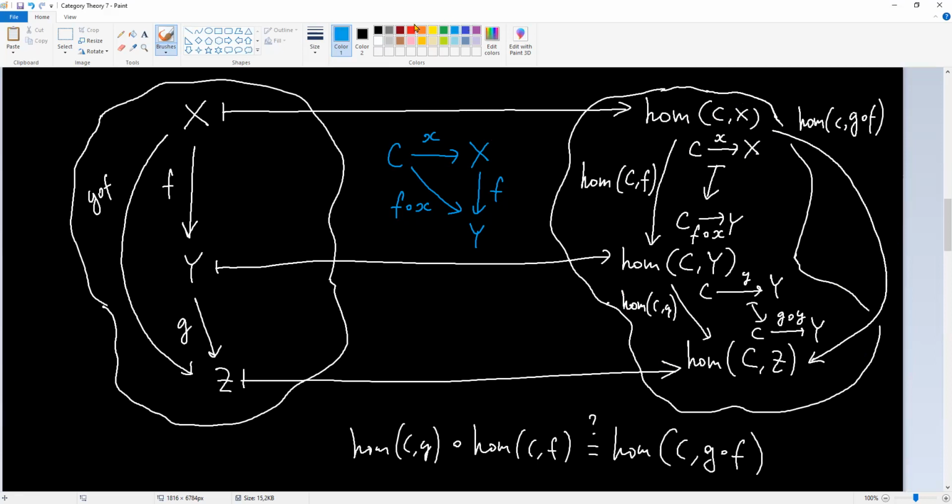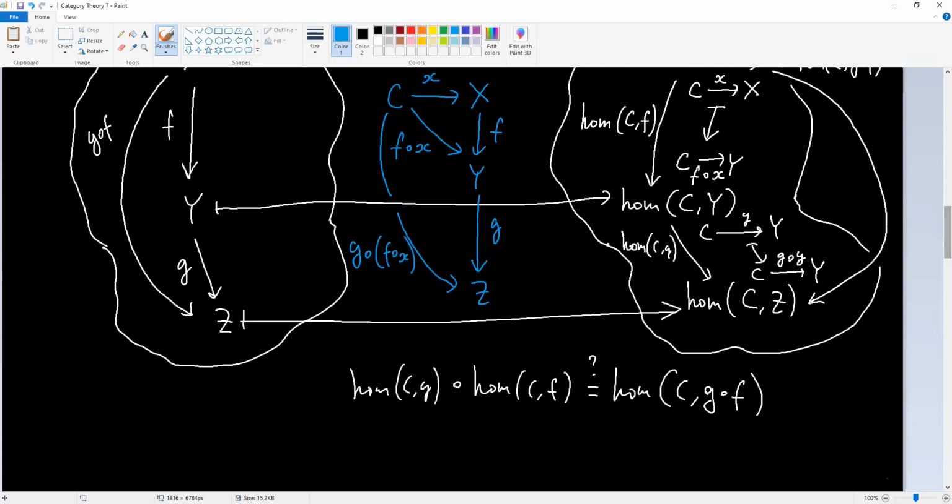We pick an element x of hom CX, so we can display it here. Then applying to that element this function is exactly composing x with f, as we have right here. And if I apply to that further g, the hom CG function, it means composing fx further with g, right? So in the end, I get g composed with f composed with x, right?